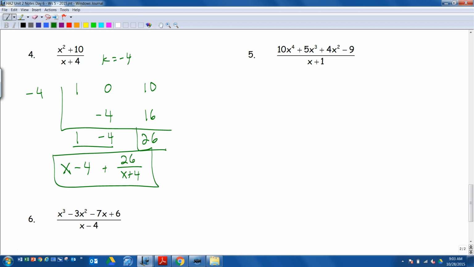Again, key for that one, make sure you have the placeholder. The k is negative 1 for this one. So I have 10, 5, 4. That's for fourth, third, second. I need x, so that's 0, and then negative 9. Again, don't forget that placeholder, and then you can begin.